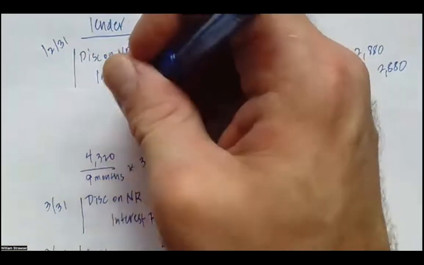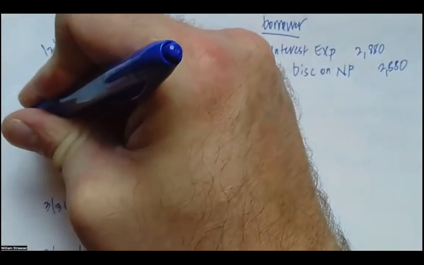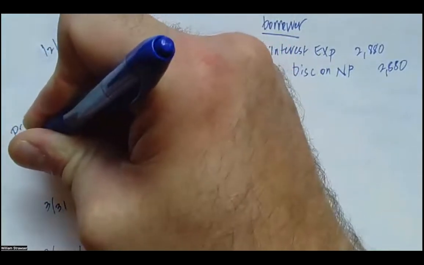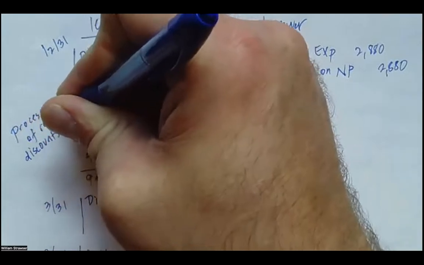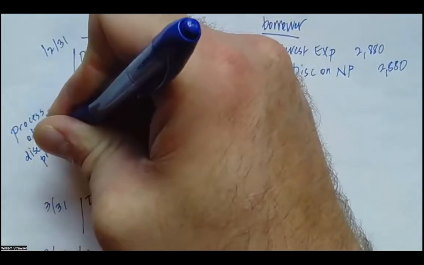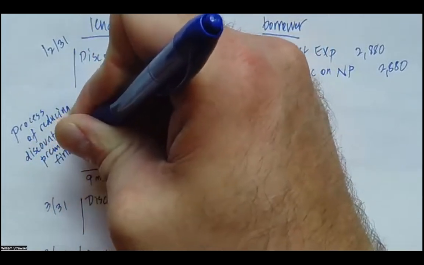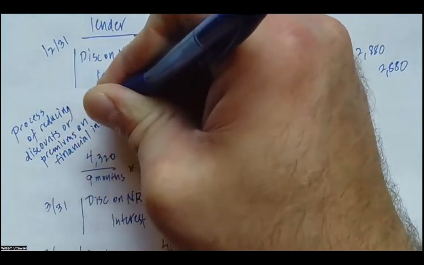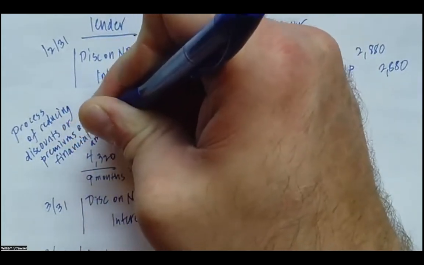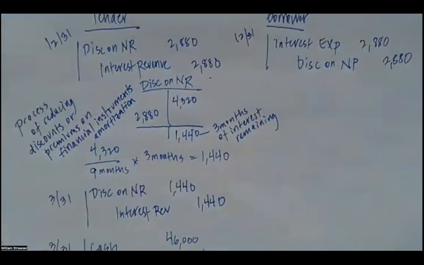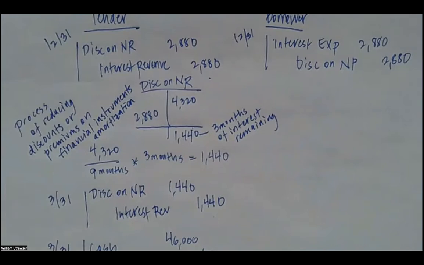We actually call this process, the process of reducing discounts or premiums on financial instruments, amortization, which I know also is a crossover for what we call the cost allocation applied to intangibles.